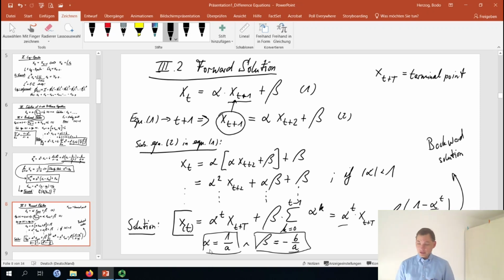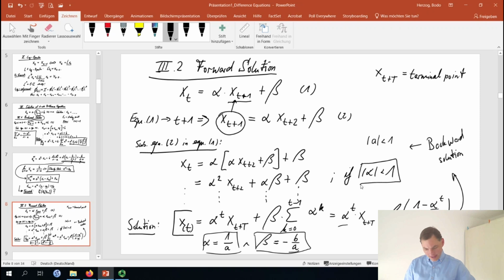The important point I want to emphasize at this point is that here we assume alpha is less than 1. In the backward solution, we assume that a is less than 1.